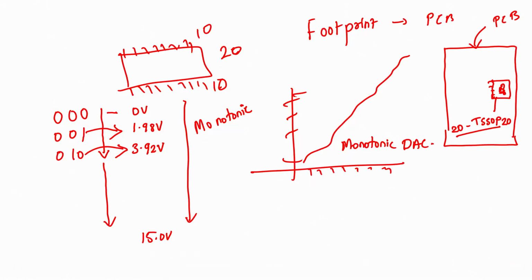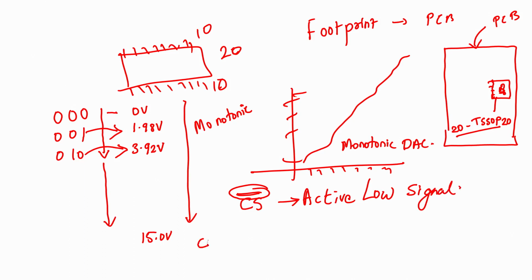And what does CS bar indicate? If you look at any IC's data sheet and you see a bar on top of a pin name, that means this is an active low signal. So, if any chip pin description has a bar on top of it, it is an active low signal. What does active low mean?